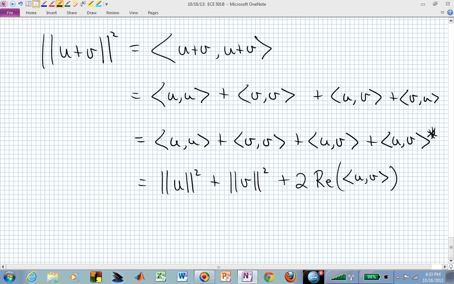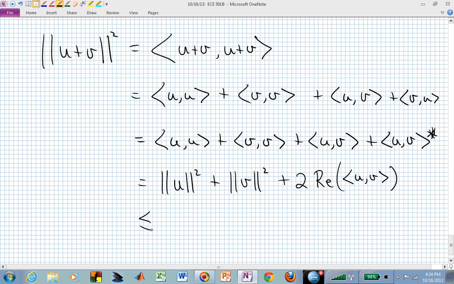If I didn't have an imaginary component to that. So I can now say that this right-hand side is less than or equal to the norm of u squared plus the norm of v squared plus 2 times the magnitude of the inner product of u with v. Since the magnitude of the inner product of u with v is bigger than or equal to the real part of the inner product of u and v. Is that okay?